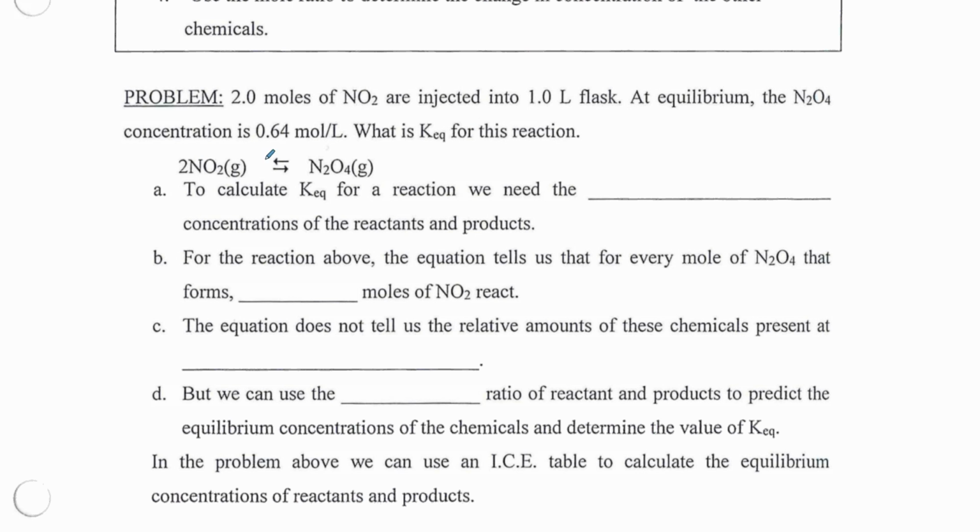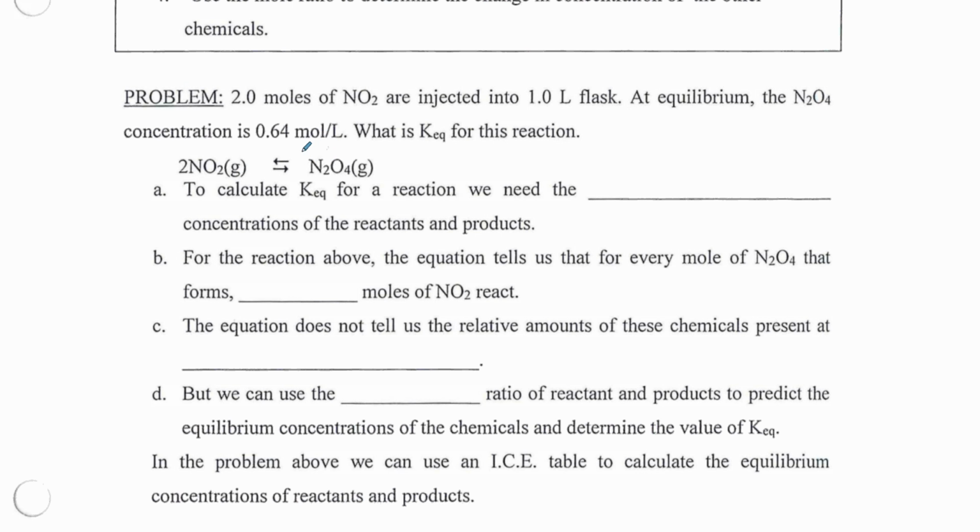Okay, the reaction is shown below. We know it's a reversible reaction because of the arrow. Now previously when we would solve a KEQ problem, we'd write out our KEQ formula, and we'd always know what the concentrations of the products and the reactants were at equilibrium.